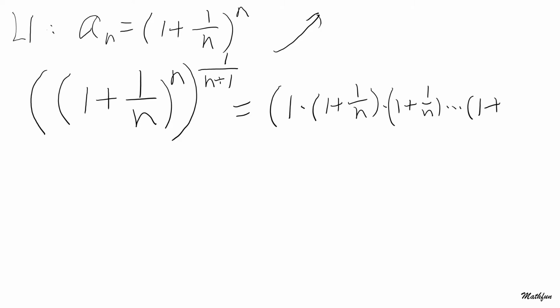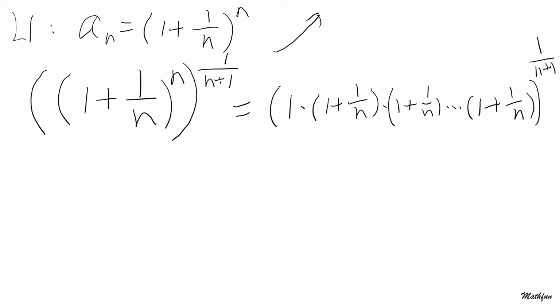So we have n items in this way, 1 plus the reciprocal of n, and we need to take the n plus 1 root. Now this is obviously a geometric mean, and they are not the same number because 1 is obviously smaller than 1 plus the reciprocal of n.